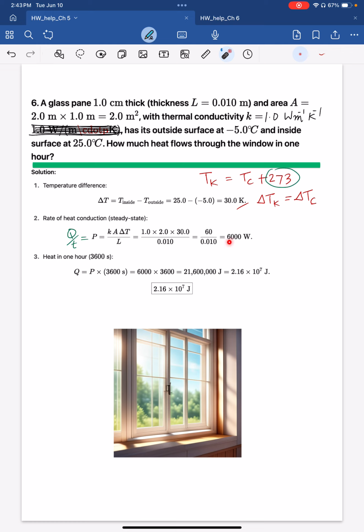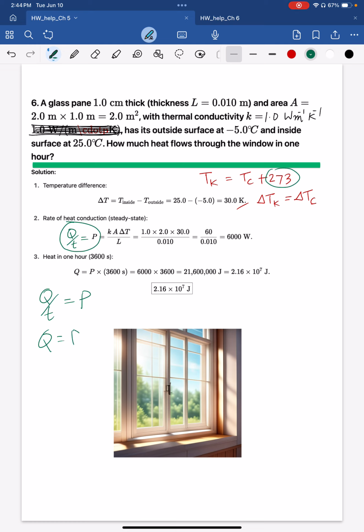That's why we have to multiply this with 3,600. Okay? Or if you want it more clearly, you can see that here you have Q over T is E, and therefore Q is power multiplied by T, which is what I've done here. Okay? And then you get that answer, 2.16 times 10 raised to 7 joules.